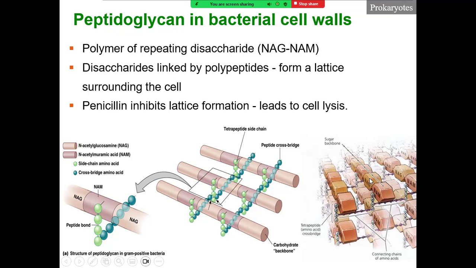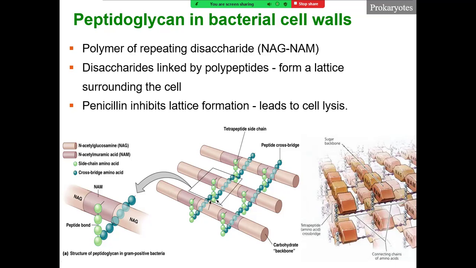And then there's multiple rows next to each other, multiple rows underneath this one, or if this is inside the cell wall, there would be multiple rows on top of it as well. The NAG and the NAM are in the row linked covalently one to another. So they have a chemical bond linking this together. But then the rows of them are linked by a short peptide.